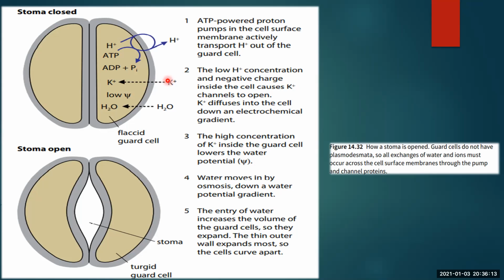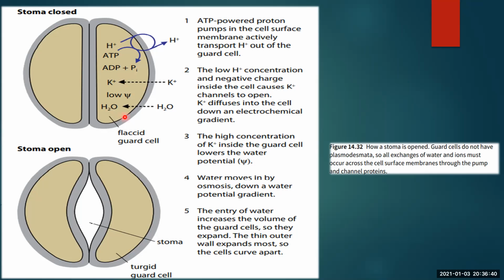Then potassium diffuses in down an electrochemical gradient. Because of high potassium here now, the water potential will become low. Now, as the water potential becomes low, what would happen? Water moves in through osmosis, down the water potential gradient, because there is more water outside.